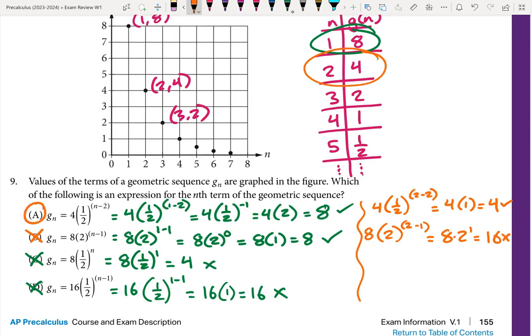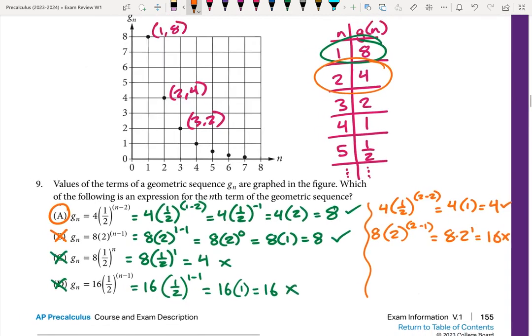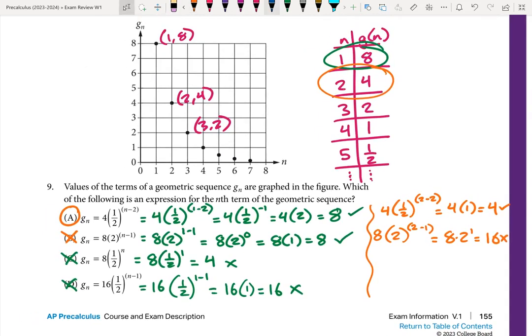Now, I want to go over a couple other things before we end on this one. Exponential problems are of the form y equals a times b to the x. Growth is when b is greater than 1. Is this growing? No. If we had known that, could we have eliminated something?